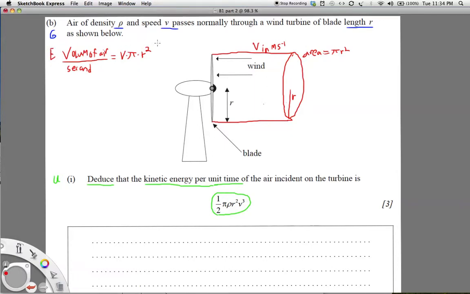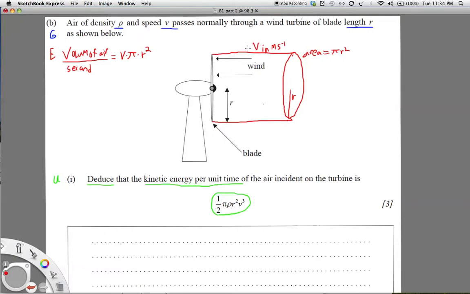First of all, the volume of air that flows through here per unit of time is a cylinder with area of pi times the blade length r squared. The length of the cylinder is equal to the velocity in meters per second.